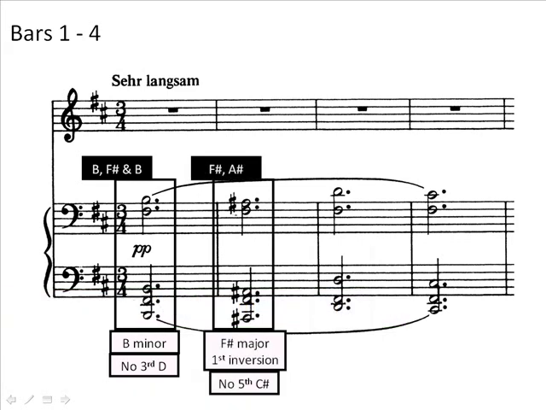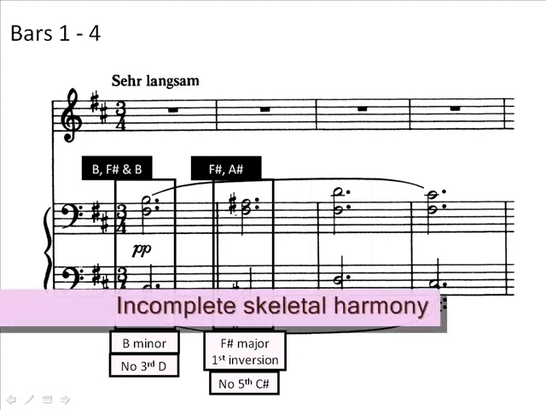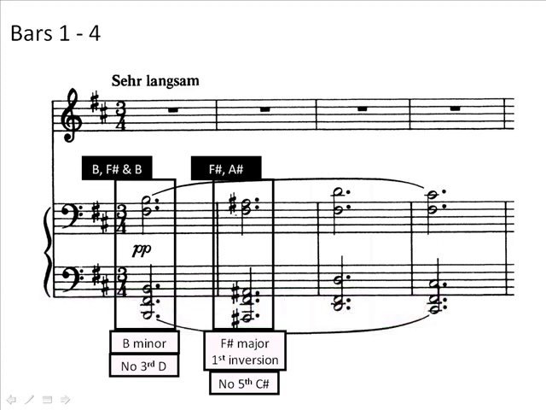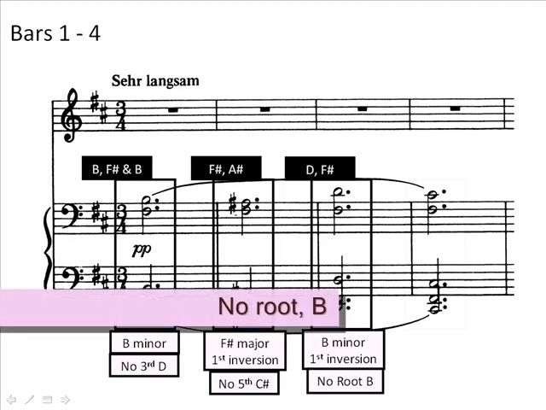The F-sharp major chord of bar 2, despite its brighter tonal quality, is lacking the 5th, C sharp, and so the incomplete skeletal harmony of the Passacaglia is revealed. The chord is in first inversion, and so is weakened further. In bar 3, the B minor chord has no root, which is an astounding omission.